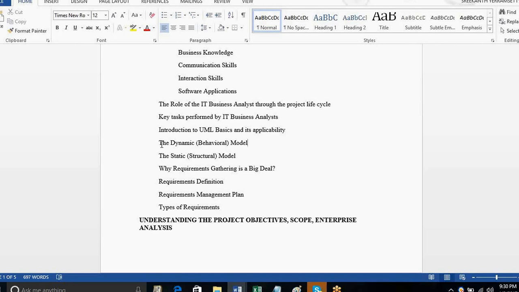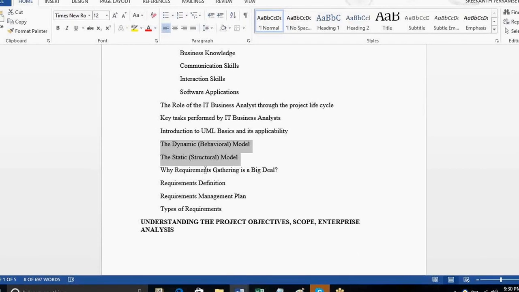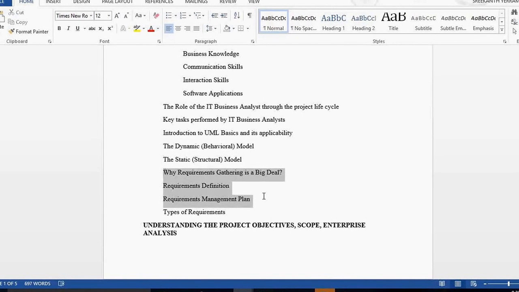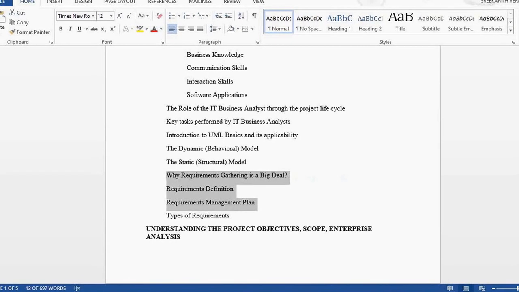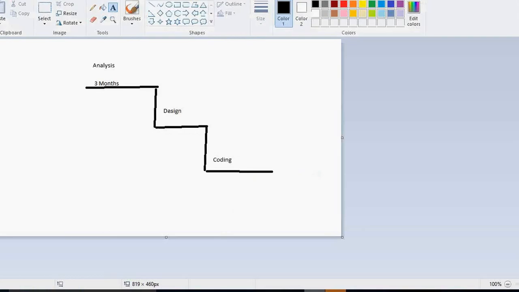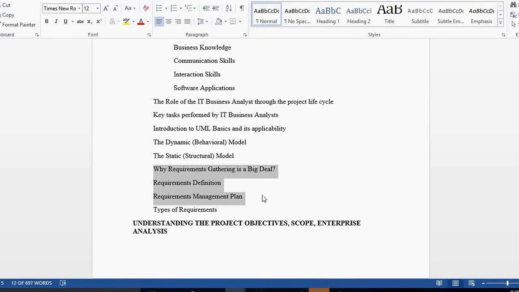So any questions here between the dynamic model and the static or structural model? I know it's a little dry here because there's nothing to really show you. But in the next topic we'll use Paint and talk a little about these three or four different topics further.